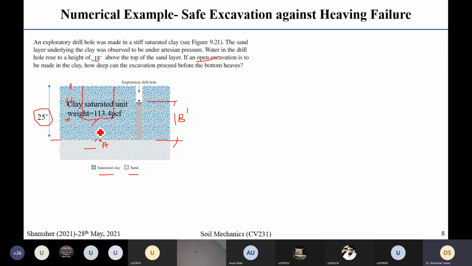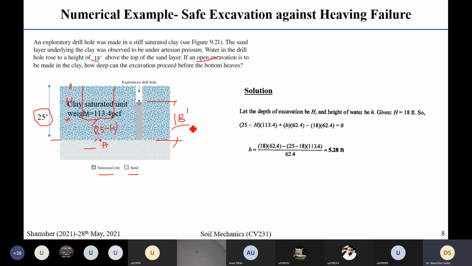The thickness will be 25 minus H. This is similar to the previous problem, and the total stress at A will be 25 minus H multiplied by 113.4, and the pore water pressure at A will be 18 multiplied by 9.81.